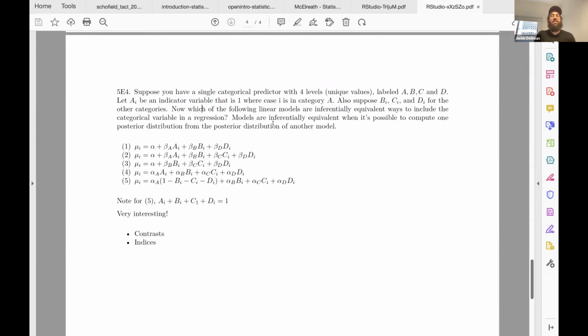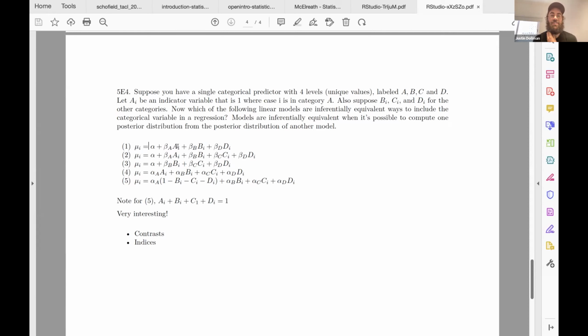Let's just dive into it with the examples. Notice what's going on in the first model. You are predicting the outcome based on an intercept, and then 3 of the 4 indicator variables. This is what R would do, for example, if for some reason category C was first, it would drop that.